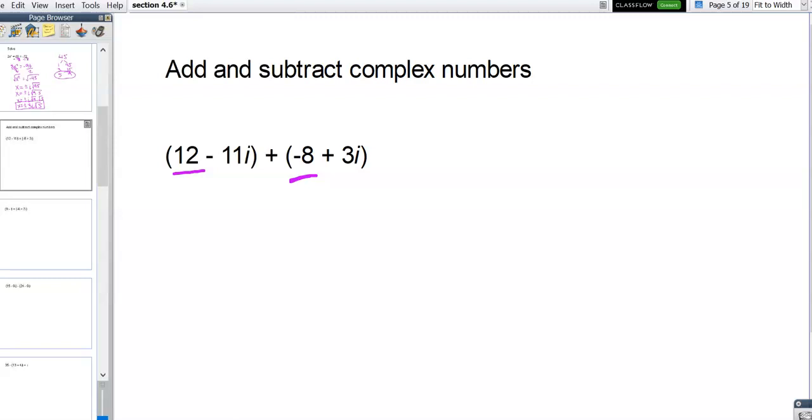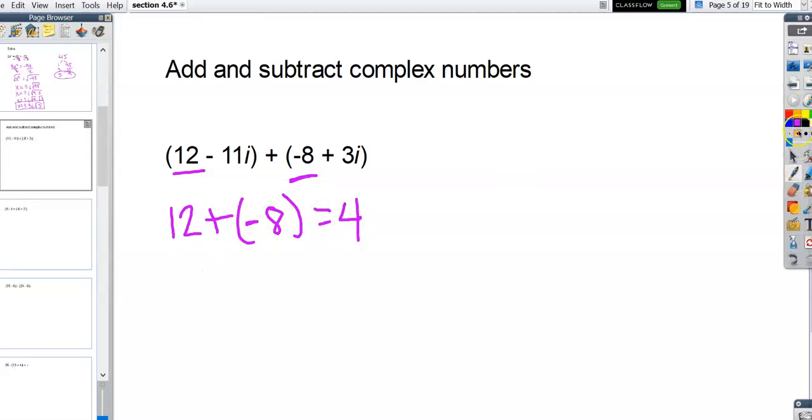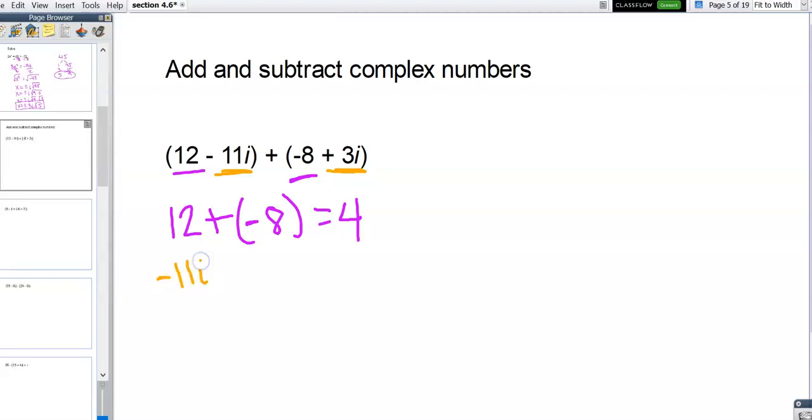Those rational numbers can be added together. And then look for the complex or the imaginary numbers. I see minus 11i. I see plus 3i. You can think about i as the exact same thing as an x as far as combining like terms go.